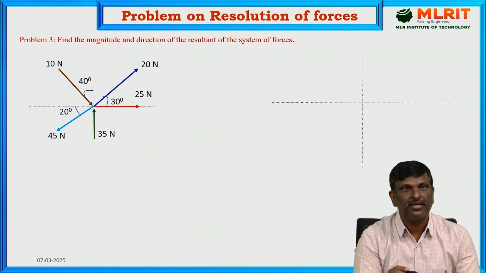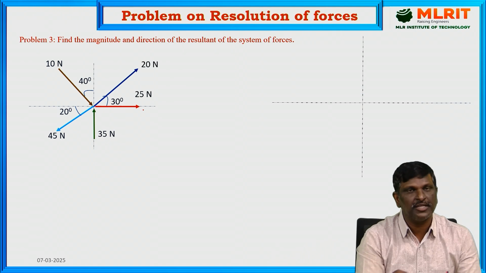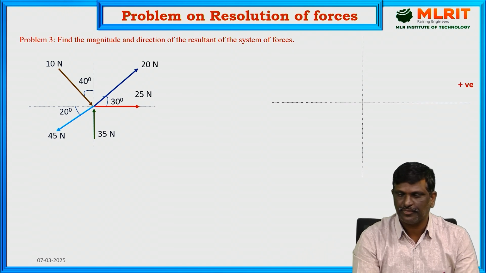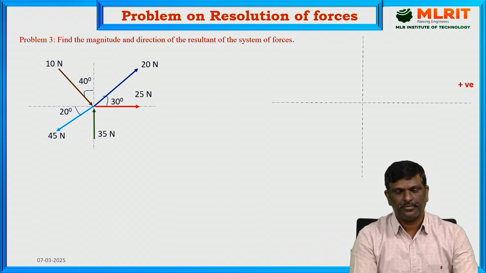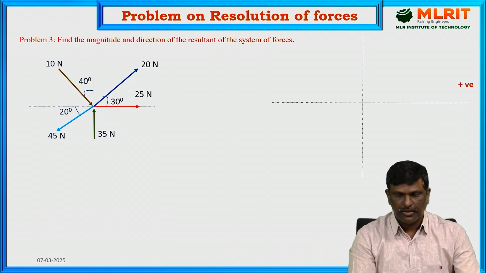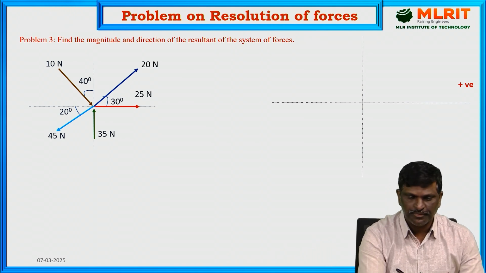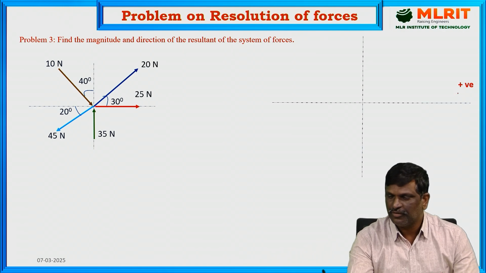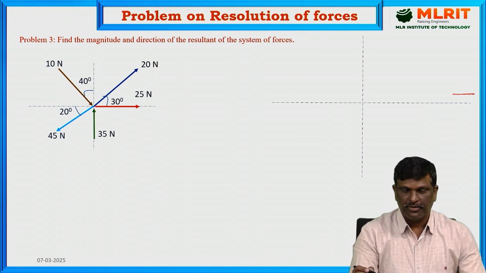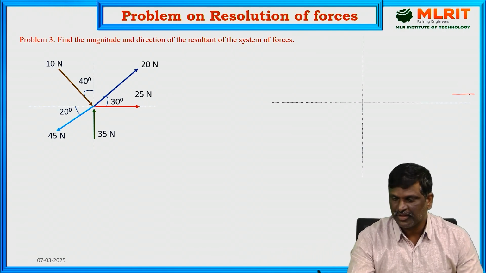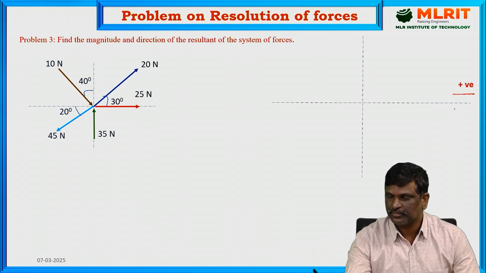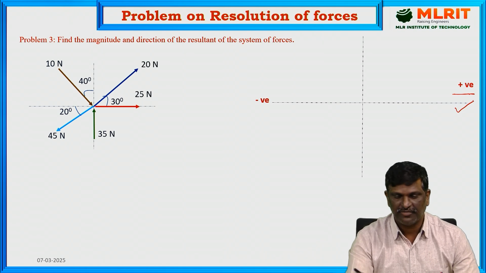Here, the 25 Newton force is exactly horizontal. It doesn't have any vertical component. Its horizontal component is the force itself. See here in the resolution, for the horizontal components we have the sign convention like this: right side positive, left side negative.